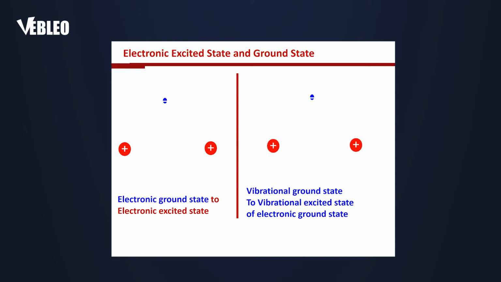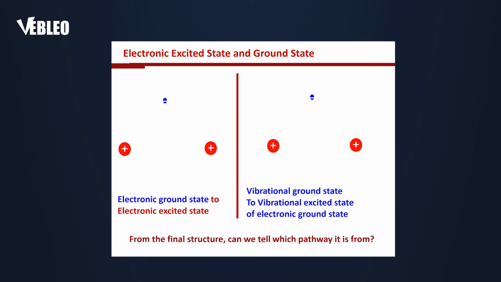So the molecule is at the electronic ground state, but at a vibrational excited state. Now we compare these two different cases. For the final state, they're exactly identical. If we look at the final structure, we certainly don't know which pathway it comes from, okay?